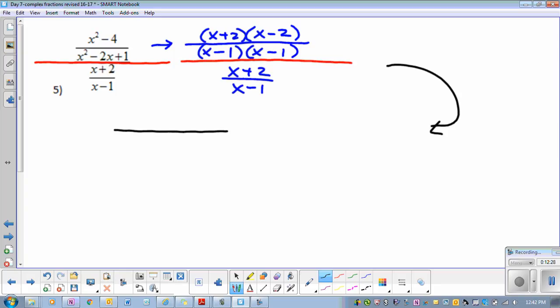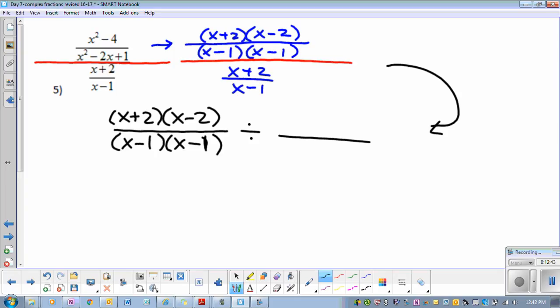So up on top, in my numerator, I have x plus 2 times x minus 2 over x minus 1 times x minus 1, divided by x plus 2 over x minus 1.